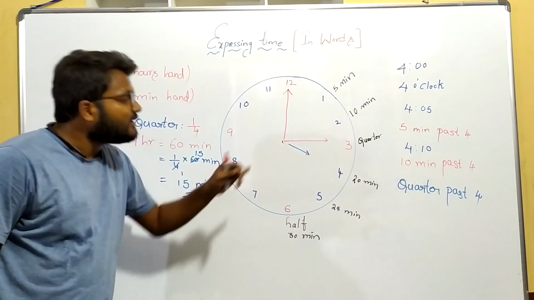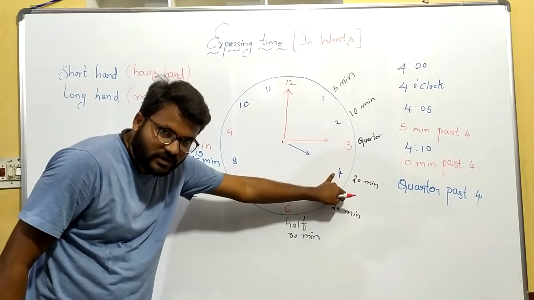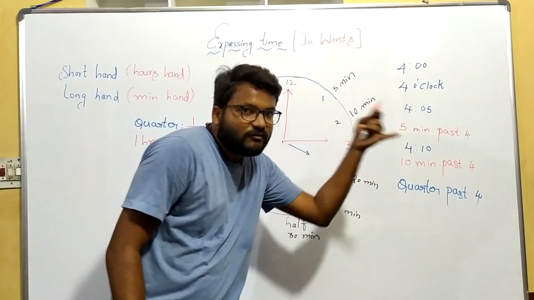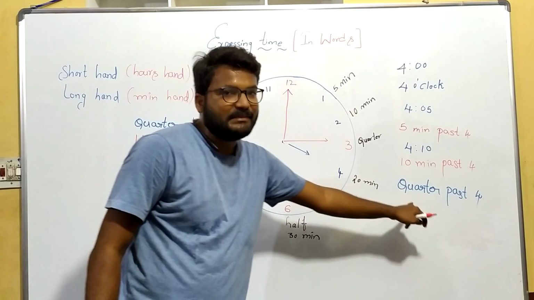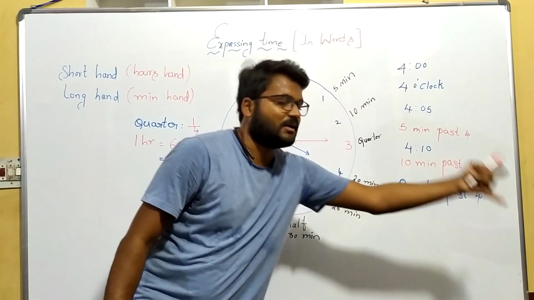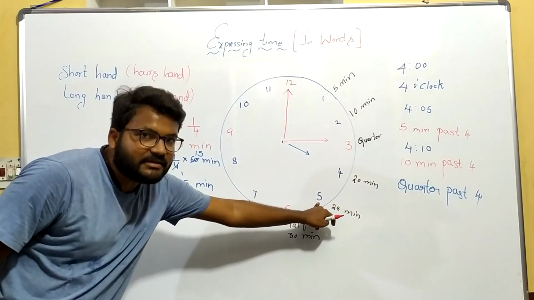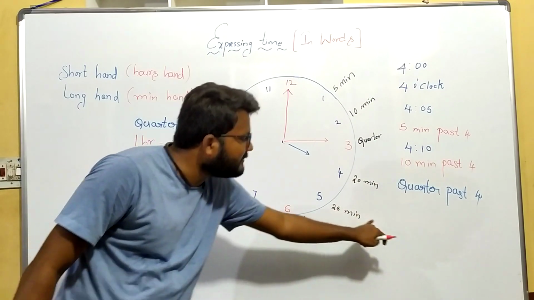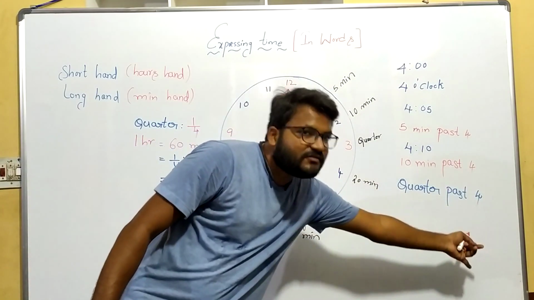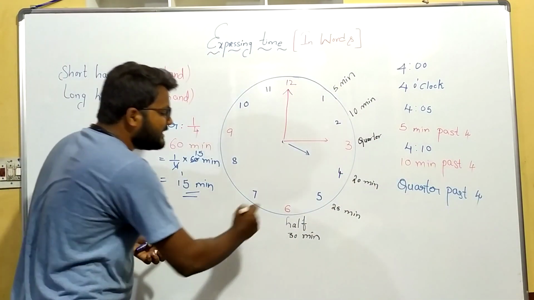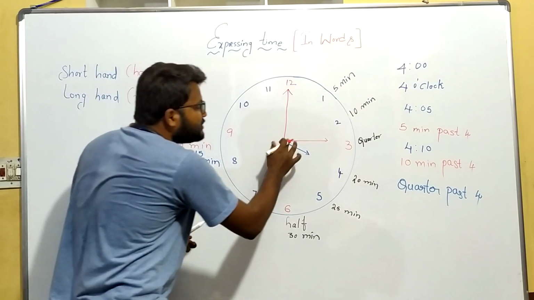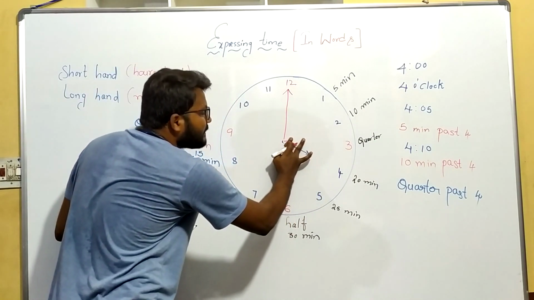In the same manner, when the long hand represents 4 here, we mention in words 20 minutes past 4. In the same way, when it comes to 5, we mention that as 25 minutes past 4.